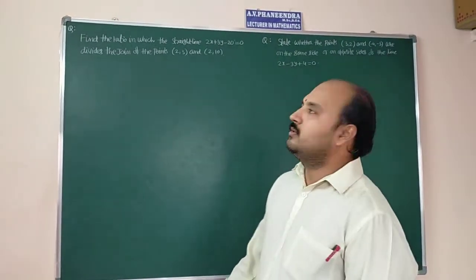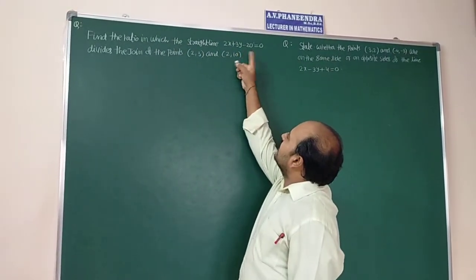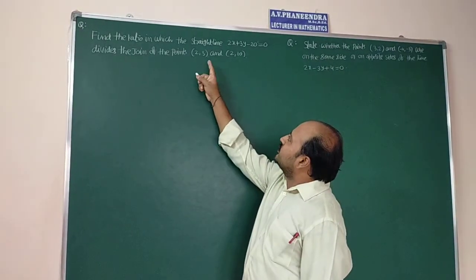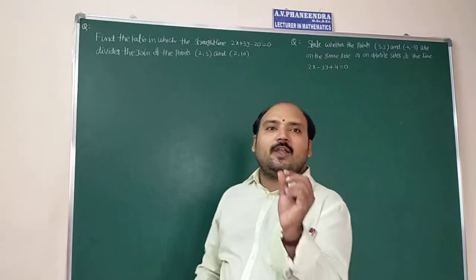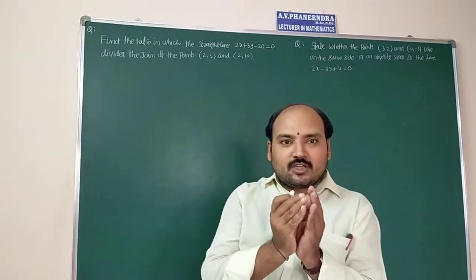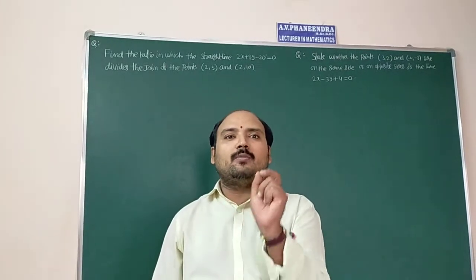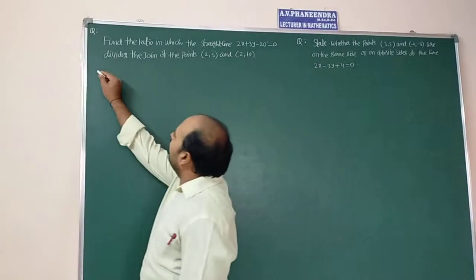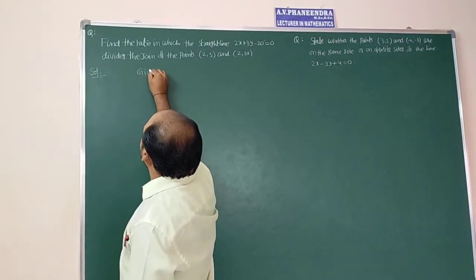Example for that. Find the ratio in which the straight line 2x plus 3y minus 20 equal to 0 divides the join of the points (2, 3) and (2, 10). Here they are asking to calculate the ratio. Whenever they ask for the ratio, you just apply the formula minus L11 is to L22. Before that, what is the procedure? First, write the given line and given points.